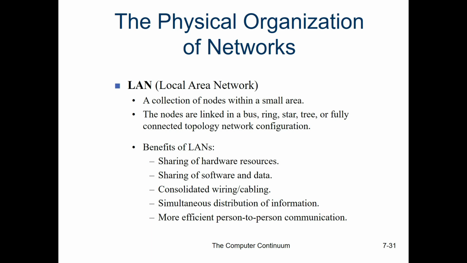The benefit of using LAN is that it could be used for sharing hardware, software and data, and there is consolidated wiring or coupling, simultaneous distribution of information, and more efficient person-to-person communication. So mostly in offices or in big universities, there is a local area network, or a small area could also come under the local area network definition.